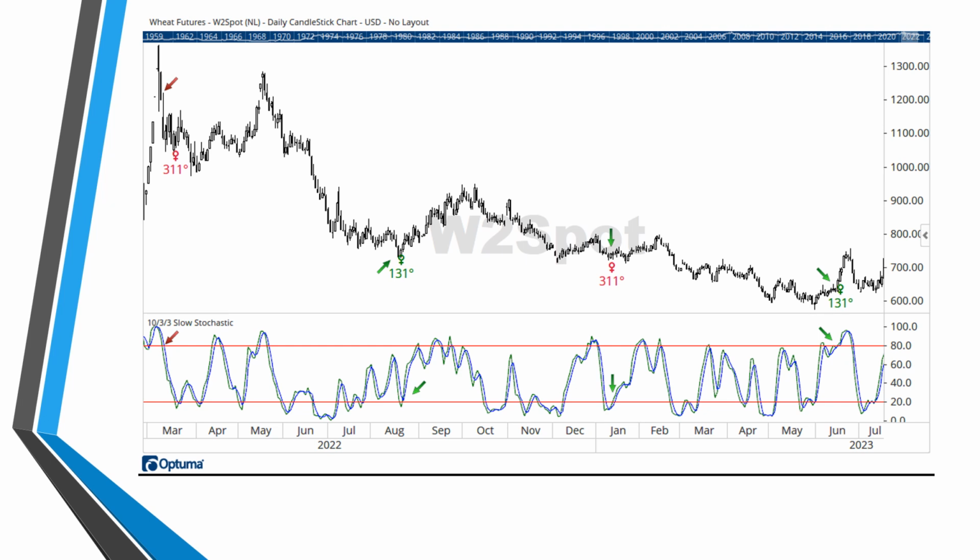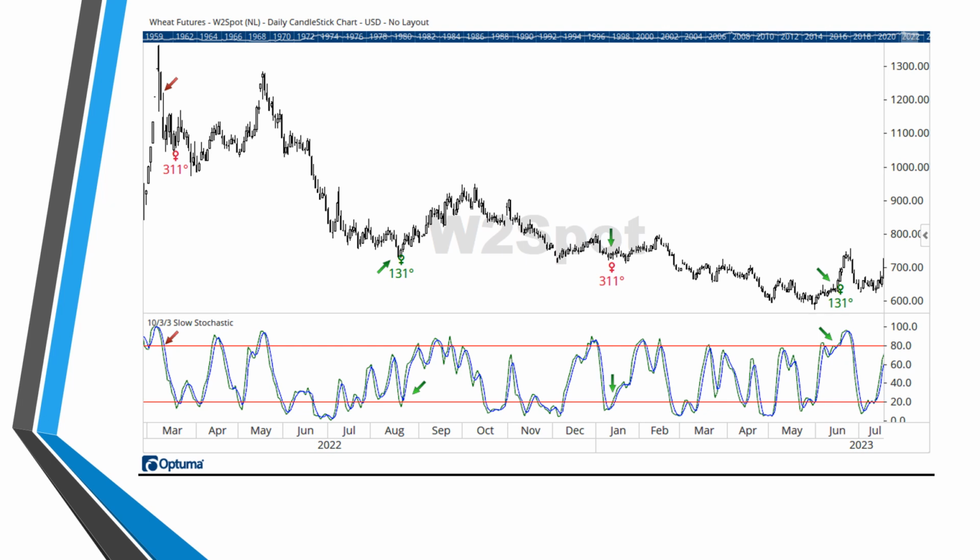And what we see is that the stochastic, just as Venus was at 131 degrees, got above its upper bound. And so that's actually a buy signal. But you have to watch now for that stochastic to roll over and go below that upper boundary level. That's your sign to get out of the way.